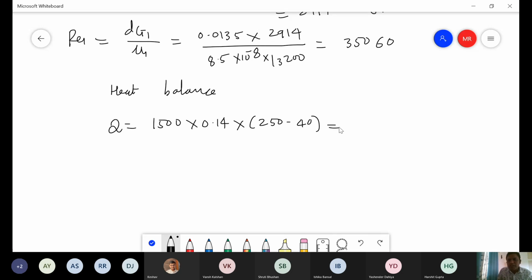So this is nothing but the heat lost by the mercury as it moves from one end to the other end. And similarly, we have to calculate the heat gained by the water, which should be the same, isn't it?